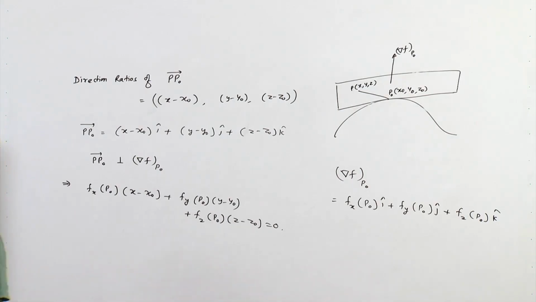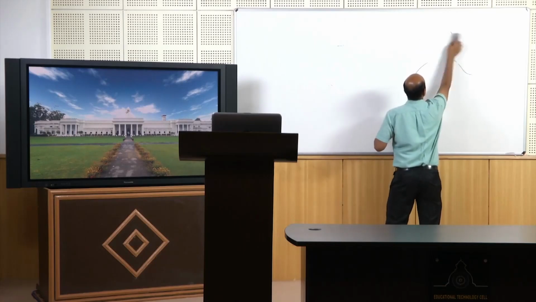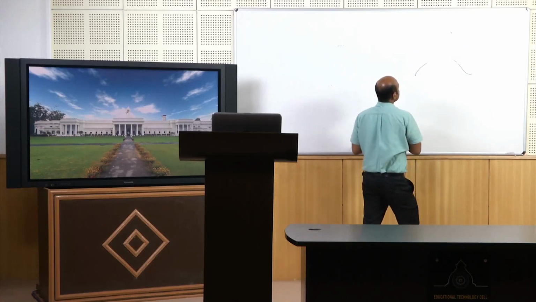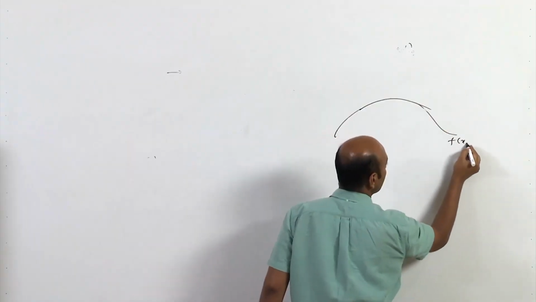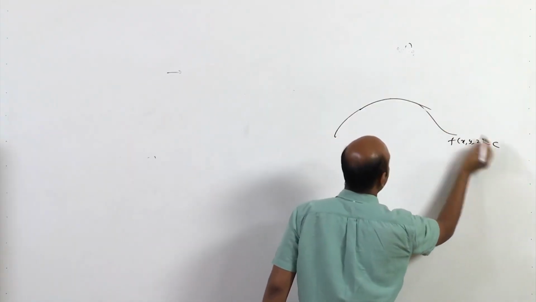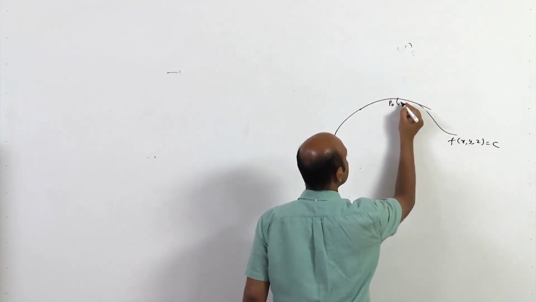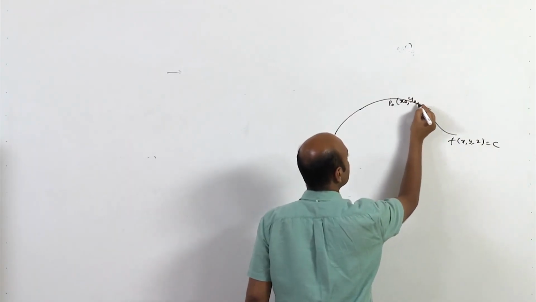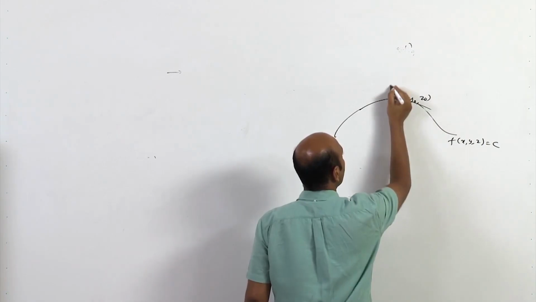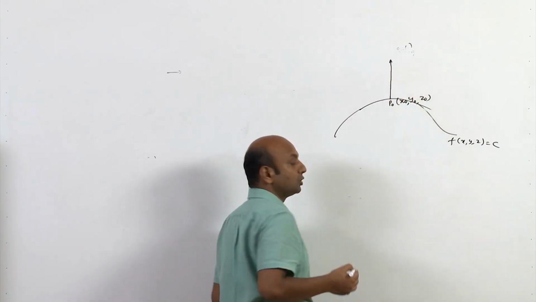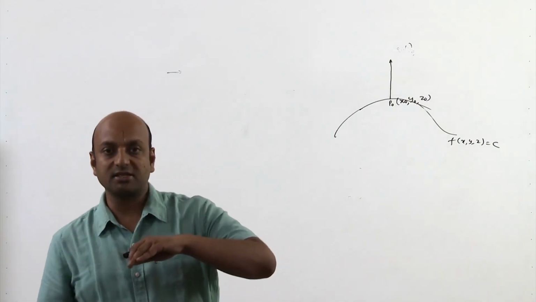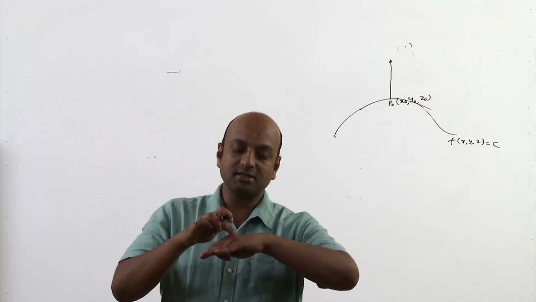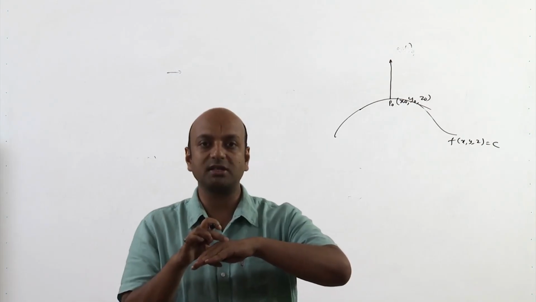Now, let us think about the normal line. If we want to find the equation of the normal line on the surface f(x, y, z) equal to c at a point p naught, which is x naught, y naught, z naught, you have this surface, and p naught is a fixed point on the surface.